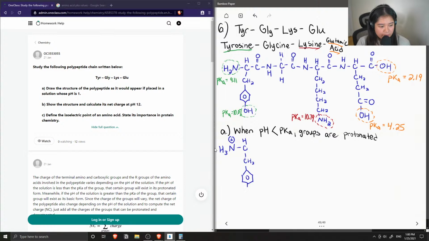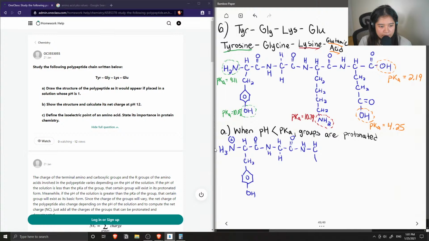In the case of our alcohol group, this just means that it has the hydrogen on, so I'm not going to add an extra hydrogen onto there. And then we'll just continue on with the rest of our chain. Glycine was the easiest one. It just has the hydrogen there. And then on to the next amino acid.